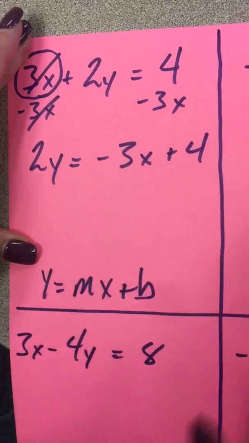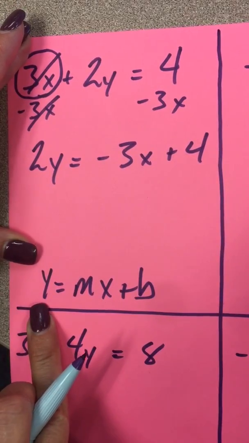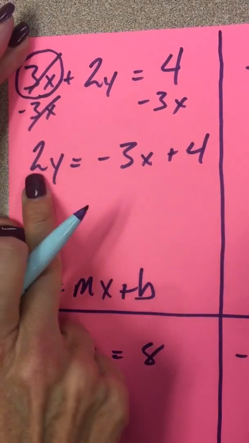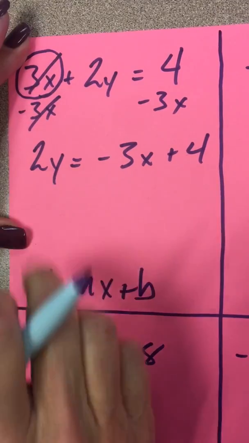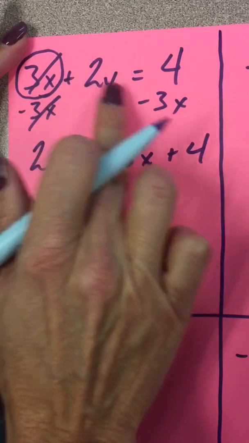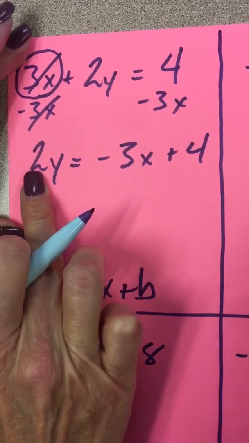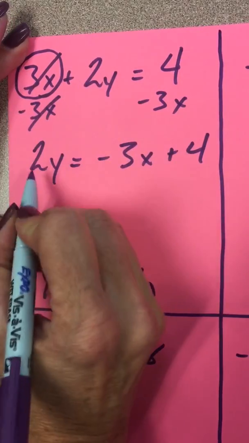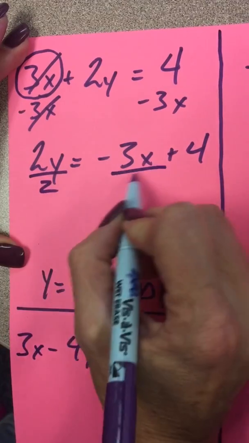After that, we still want y by itself, and we're not quite there because we have a 2 in front of it. Well, this 3x was a positive, was adding to this plus 2y, and this 2 is multiplying to this plus 2y, so we do the opposite.